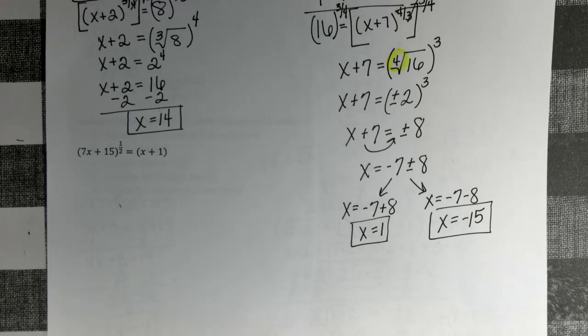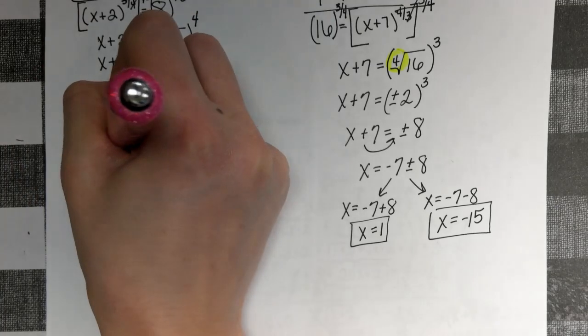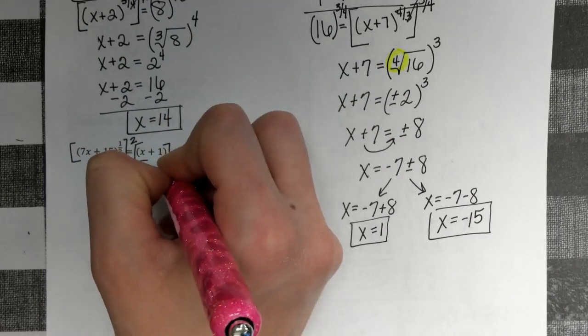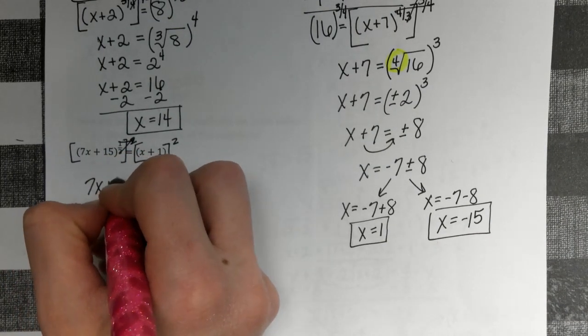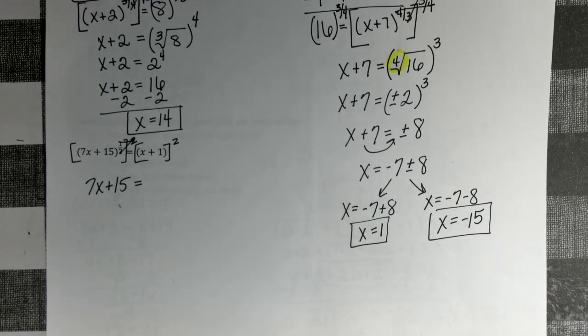Okay, next example looks like it would be rough, but it's really not. I mean, it's a little bit more, but it's not rough. So what would I do? Exponent to the square. It's 1/2, so its reciprocal is 2/1, so I'm just squaring. So that leaves me with 7x plus 15 equals, now I am taking x plus 1 as a whole and squaring it, so what do you think I have to do with that?